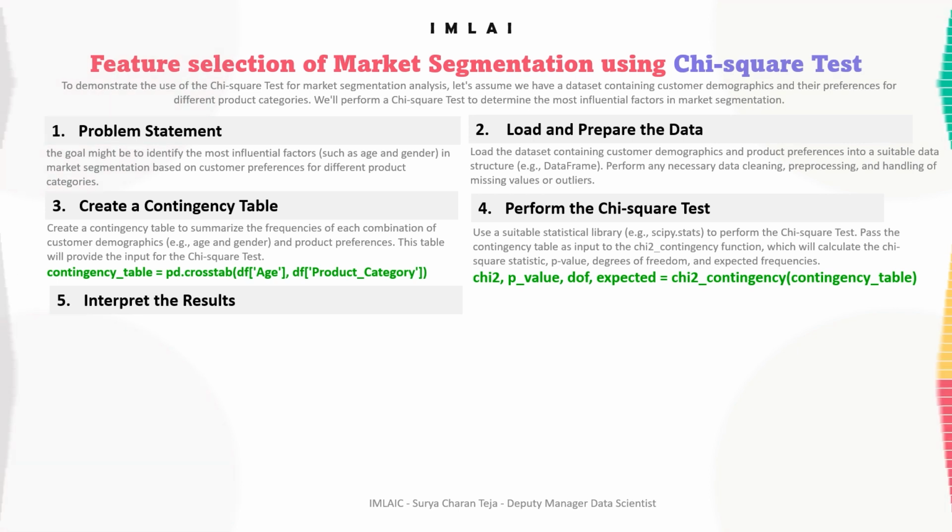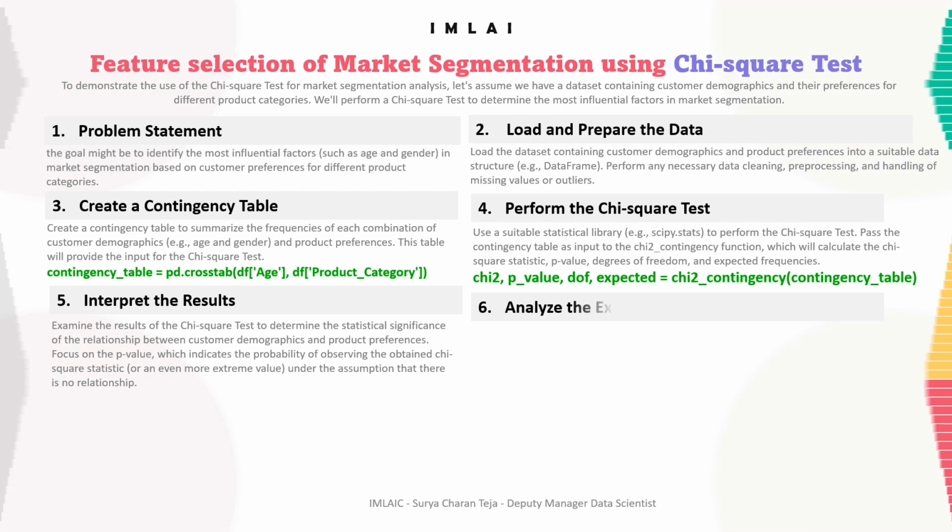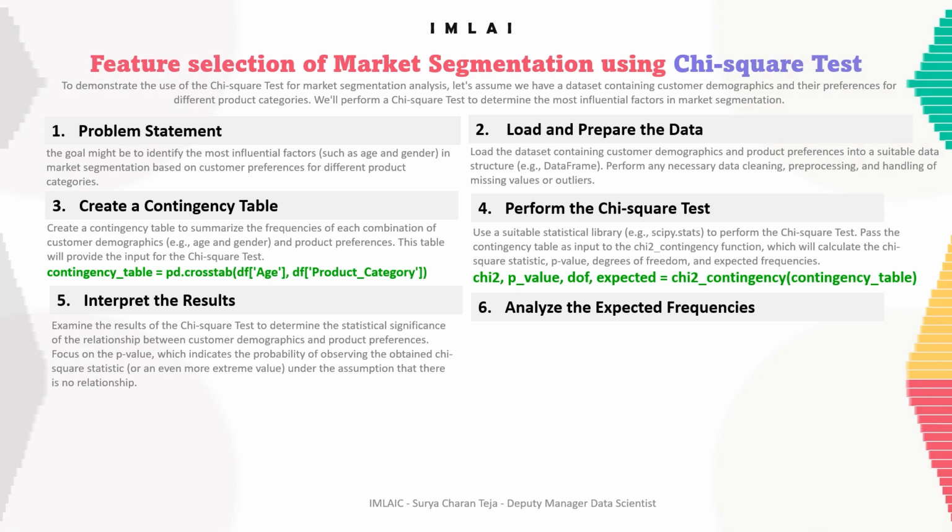Now let's analyze the expected frequencies. Inspect the expected frequencies in the contingency table to understand the distribution of the product preferences across different customer demographics. This can provide insights into the most influential factors in market segmentation.